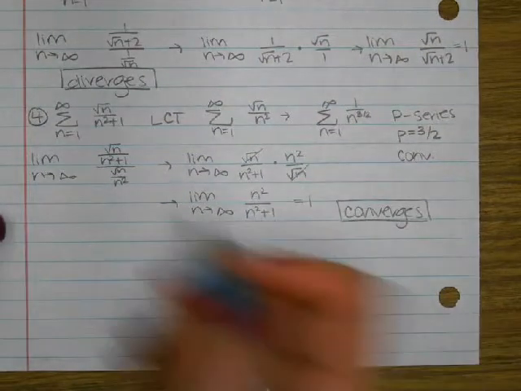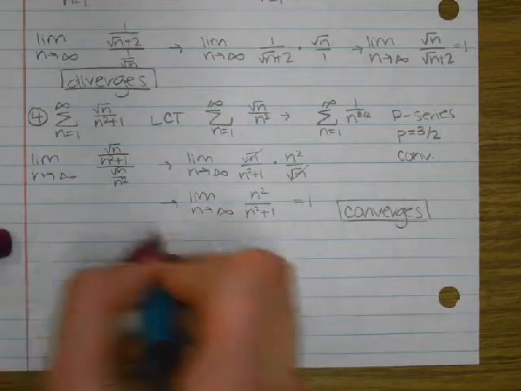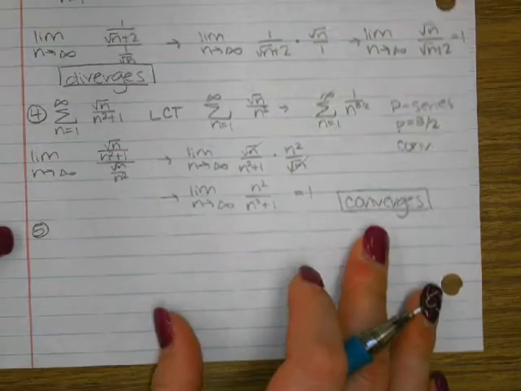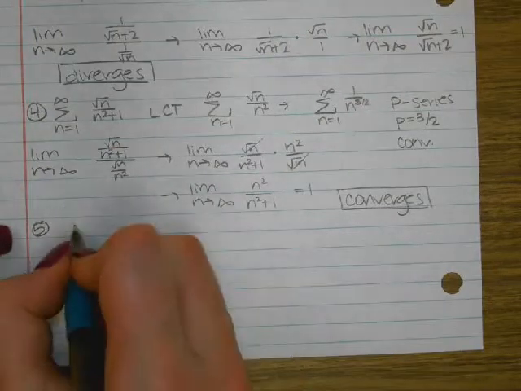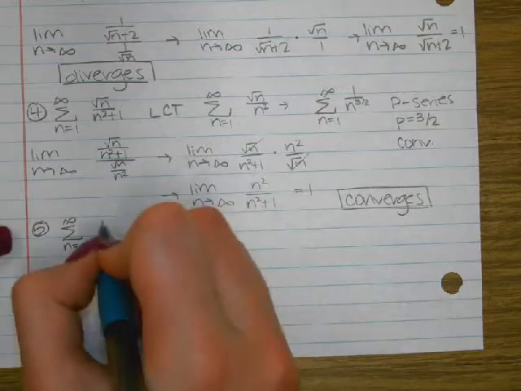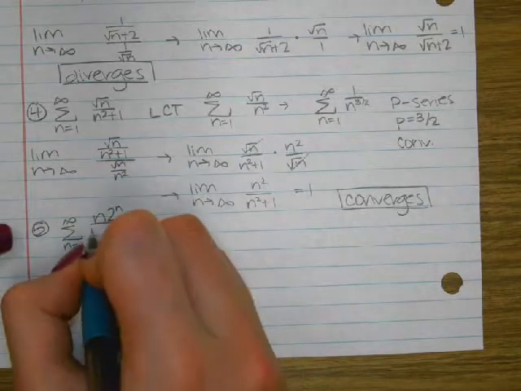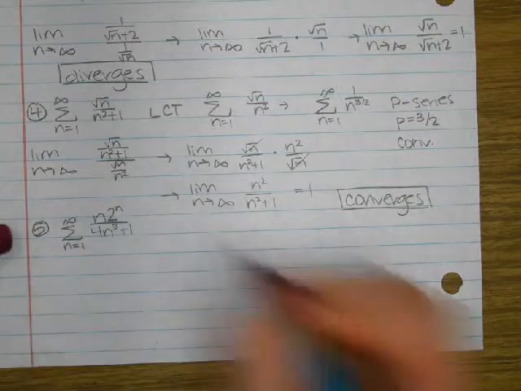All right, last example. So I might have a hard time fitting this. We'll see. All right, so I'm going to look at the series n times 2 to the n over 4n to the third plus 1.